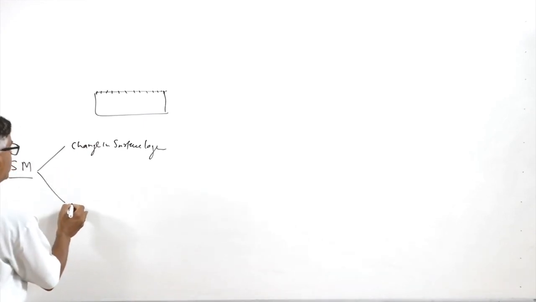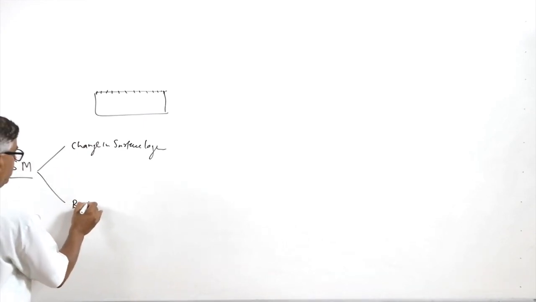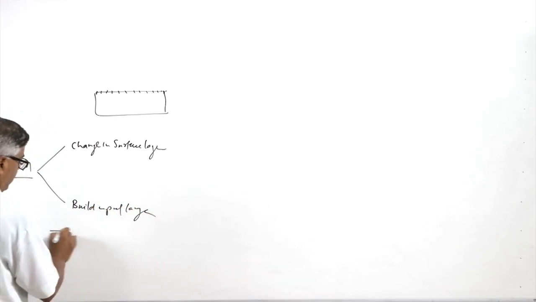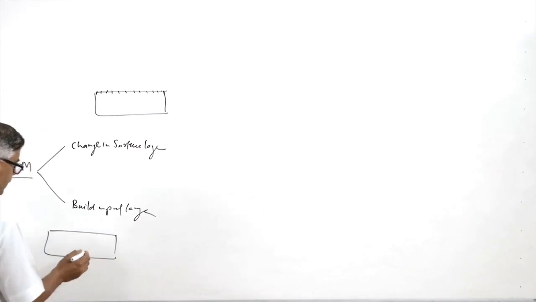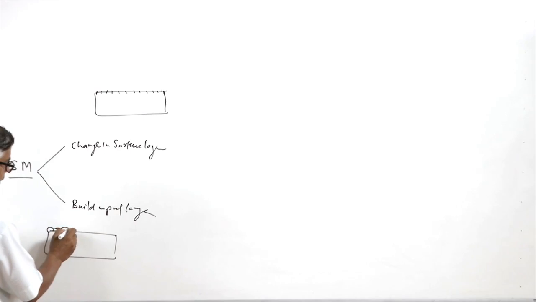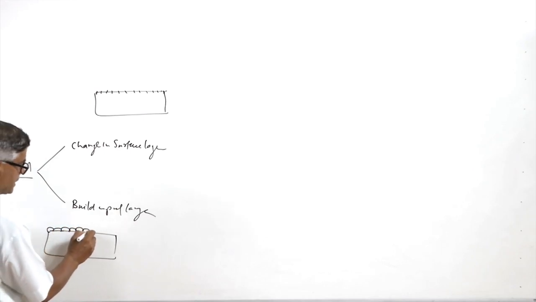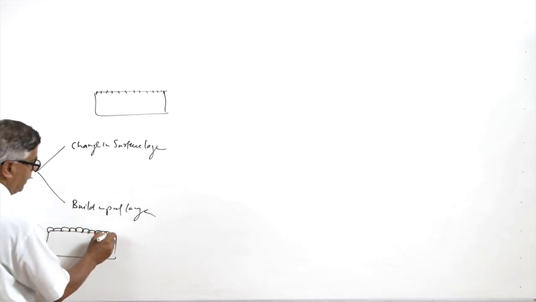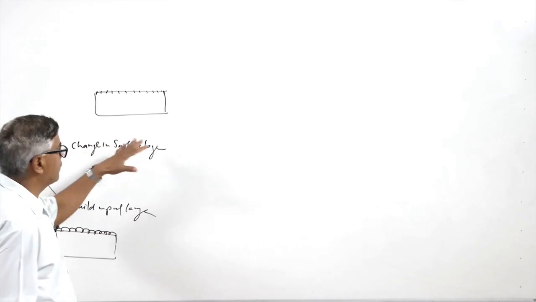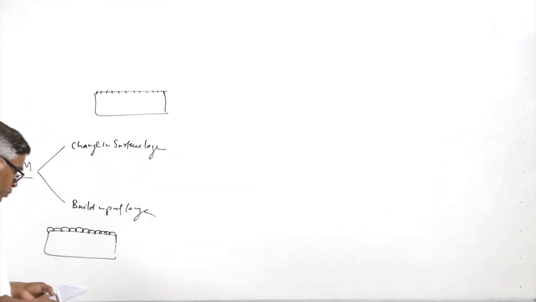Another approach is the build up of a layer, wherein the component to be modified remains the same, but an additional layer of material having a suitable set of properties is applied on the surface. So this is where an additional layer is built up.